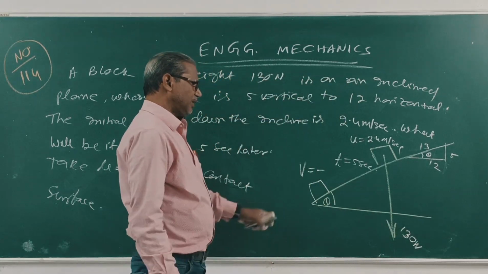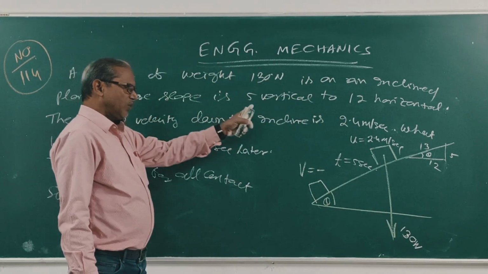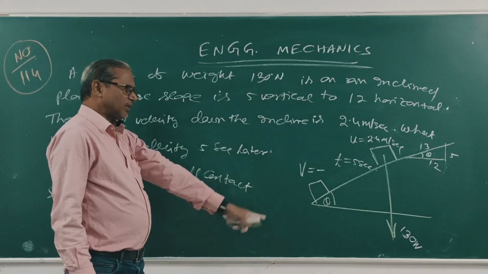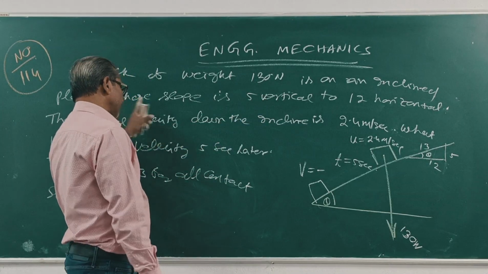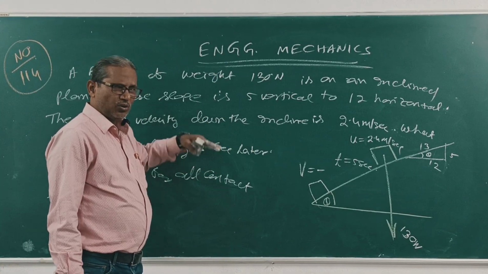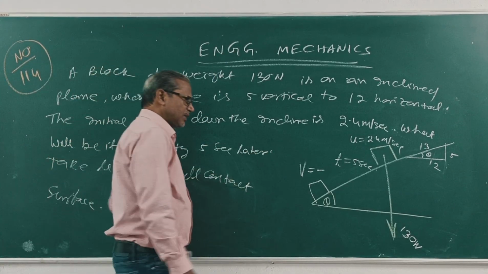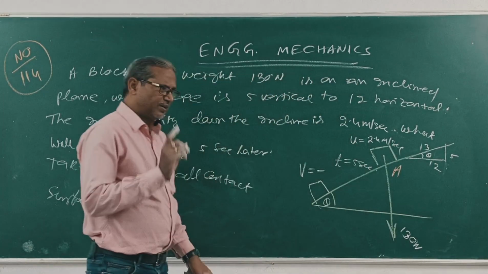Again I will read the question. A block of weight 130 Newton is on an inclined plane whose slope is 5 vertical to 12 horizontal. This is point A. Initially the block is at A with initial velocity U equal to 2.4 meter per second.